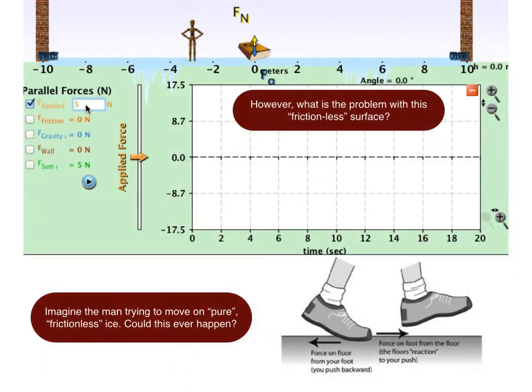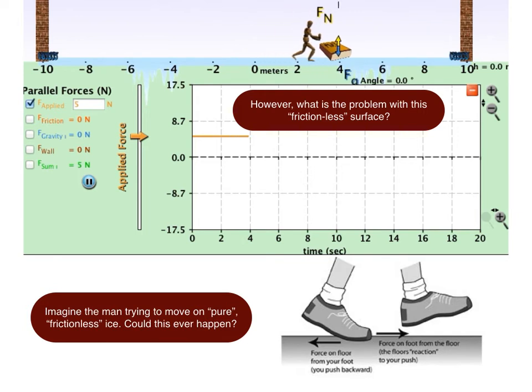In order to understand the third and final law of motion, let us return to our frictionless surface. Here, we realize that there is a key problem with our simulation. For if the surface were truly frictionless, the figure would never be able to truly apply a force against the object.